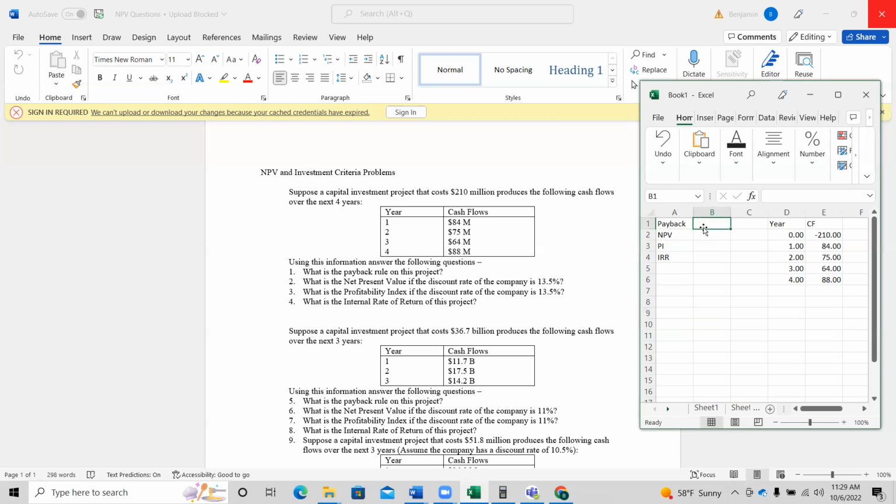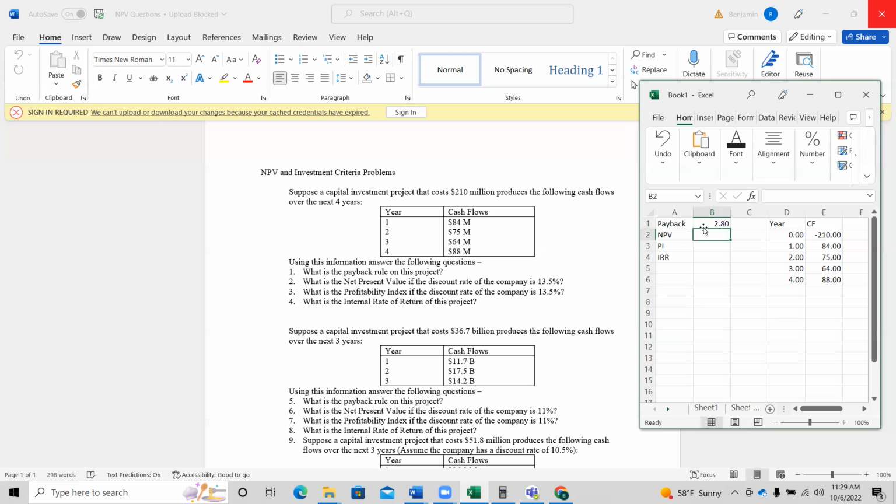My math does me right. And so the payback period is going to be 2 years plus the 51 million that we need to pay back, divided by the 64 million that we're going to receive in year 3.